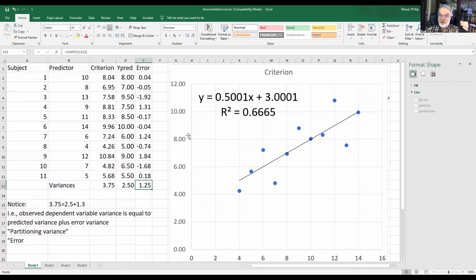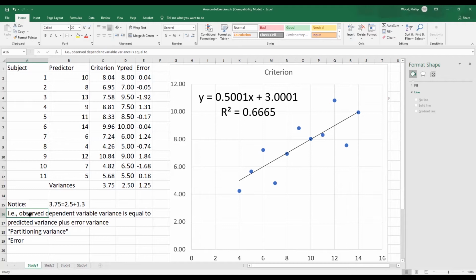And there's something fun you can notice about that, namely that the variance of the y variable is equal to the variance of my predictions plus the variance of my errors. This little equation I wrote down in here is, in words, what I just said.